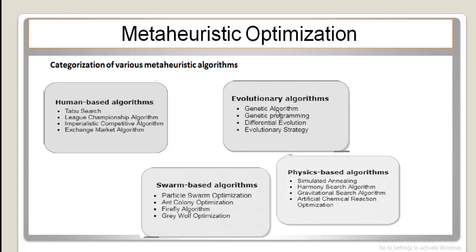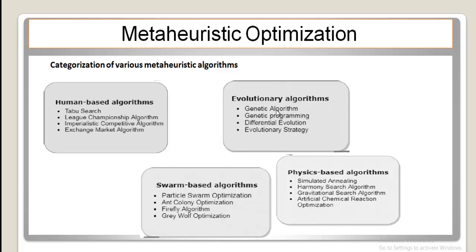The human-based algorithms are inspired by human behavior, and the evolutionary algorithms are inspired by the natural processes of natural selection and biological evolution. Now the swarm-based algorithms are inspired by the collective behavior of decentralized, self-organized systems, particularly animal or insect societies.